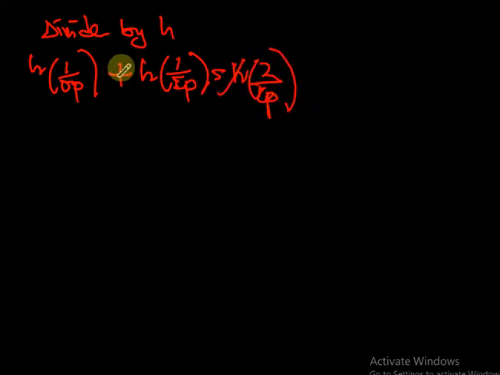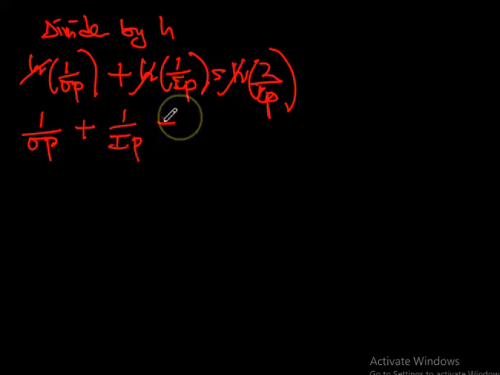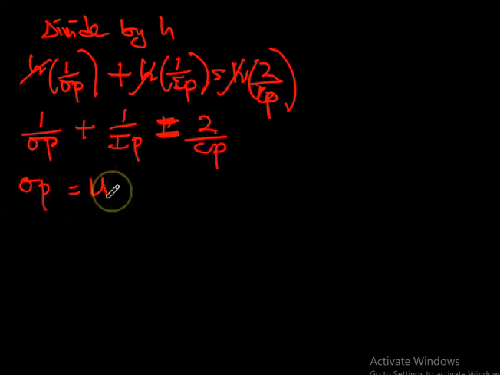So h cancels h cancels h, and I'm left with 1 over OP plus 1 over IP equals 2 over CP. Note, OP represents U from the sketch, IP, the image to the point, represents V, and CP represents your radius of curvature R.